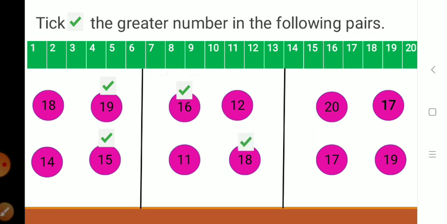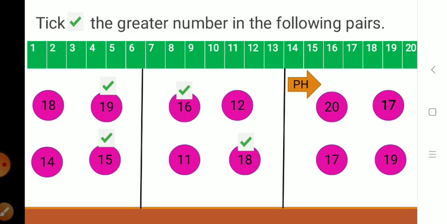So you understand, students, how to find out the greater number? The number that comes after any number on the number strip is greater than that number. Now the remaining two pairs are your homework. You have to find out the greater number and tick on it.